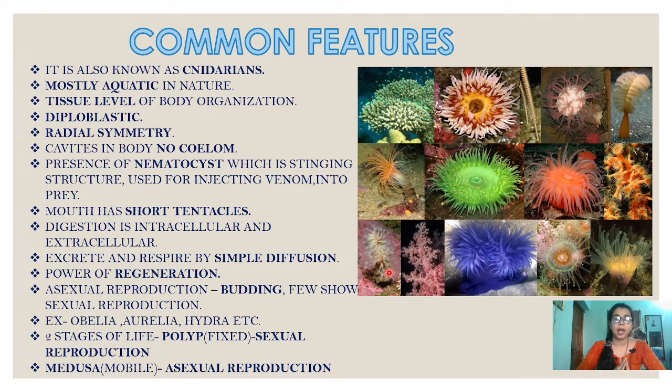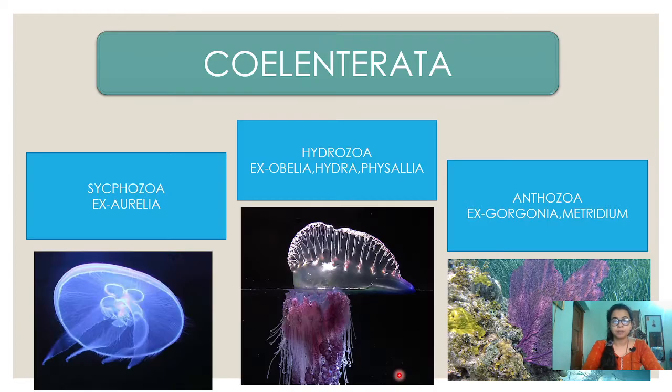One is the polyp stage, which is a fixed stage, that is, they do not move, and it undergoes sexual reproduction. And the medusa, which is a mobile phase, undergoes asexual reproduction. So this is all about the two stages and some common features of the phylum Coelenterata.